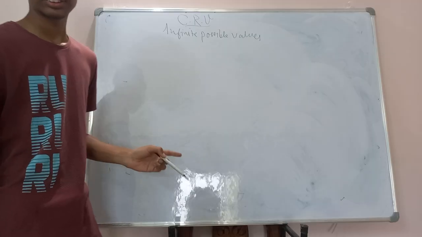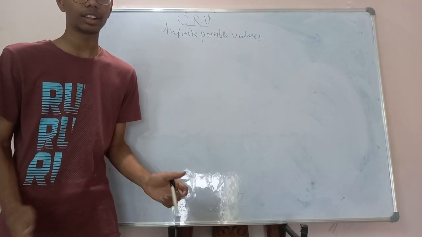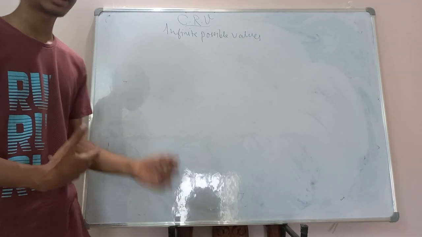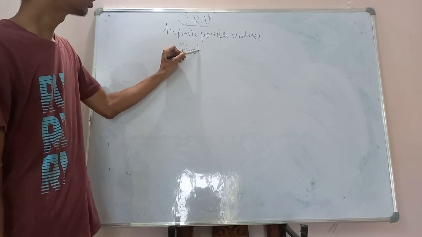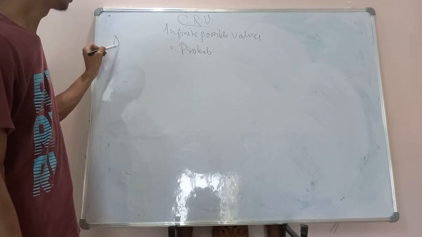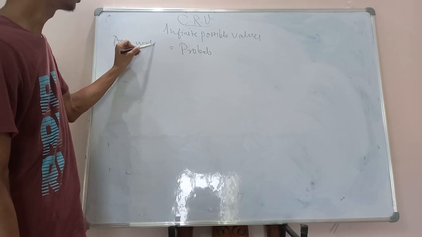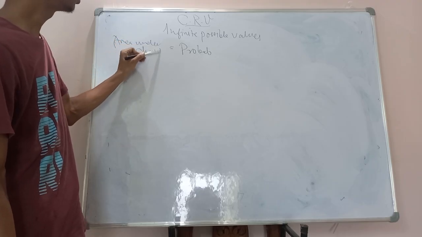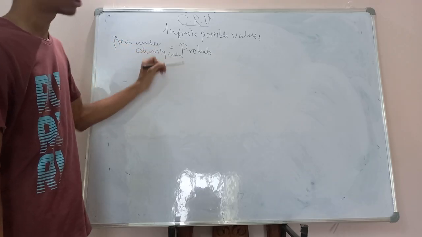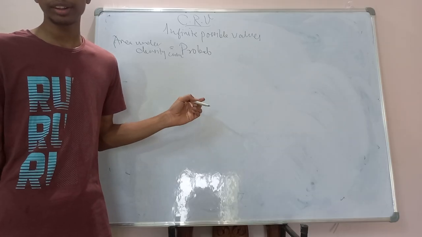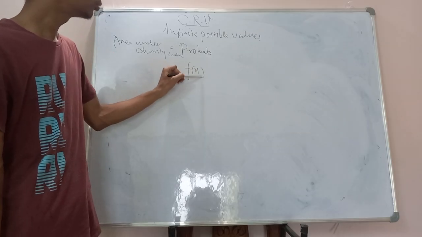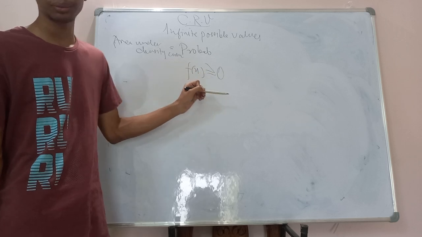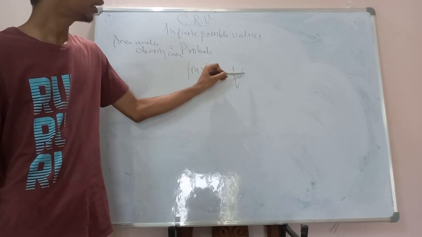So suppose I have a density curve. The area under that density curve will give me probability. Suppose I have a probability density curve, and f(x) should be greater than or equal to 0 for all x.